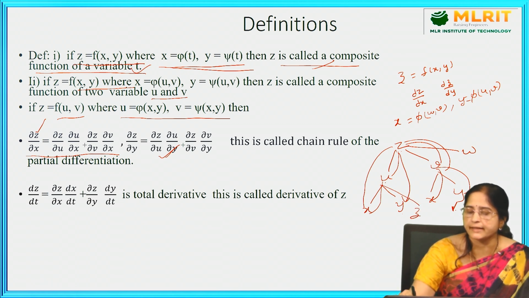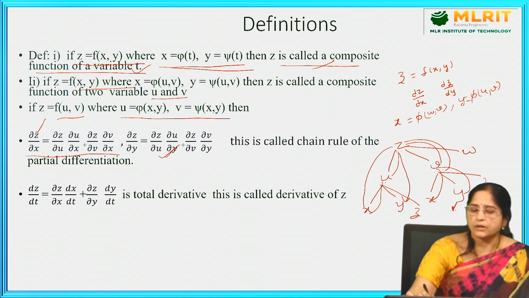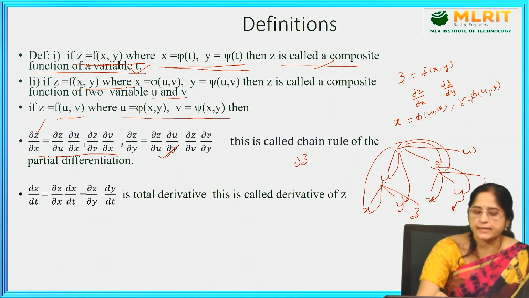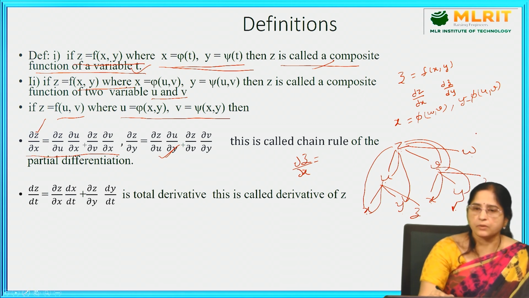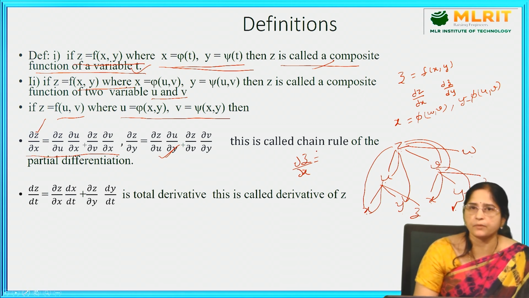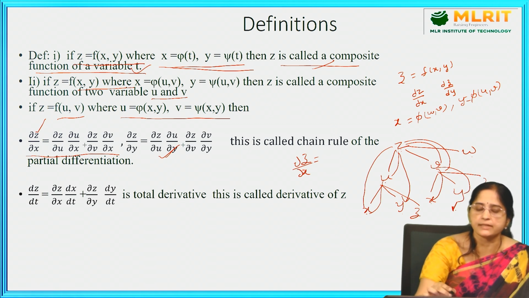In this case, dou z by dou x is dou z by dou u into dou u by dou x, plus dou z by dou v into dou v by dou x, plus dou z by dou w into dou w by dou x. We can extend this to three variables or four variables, but our syllabus is restricted to three variables.